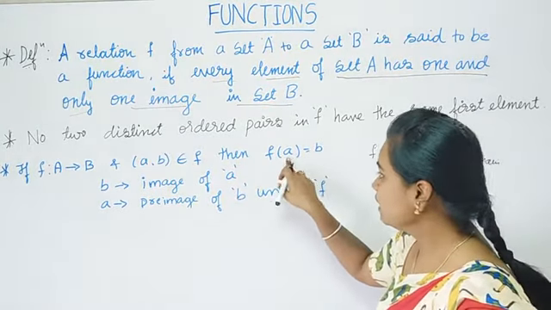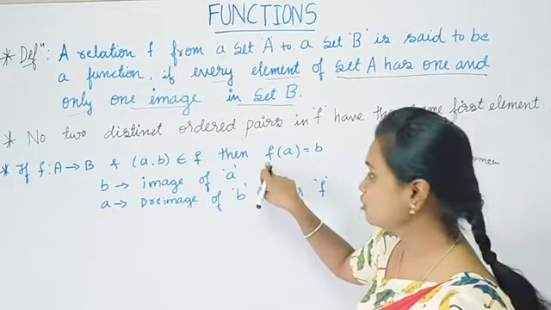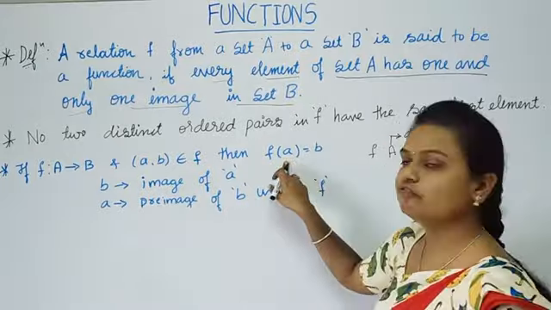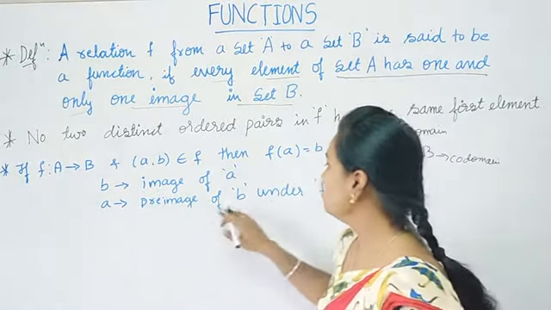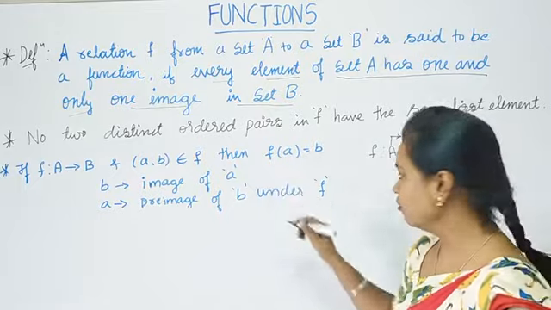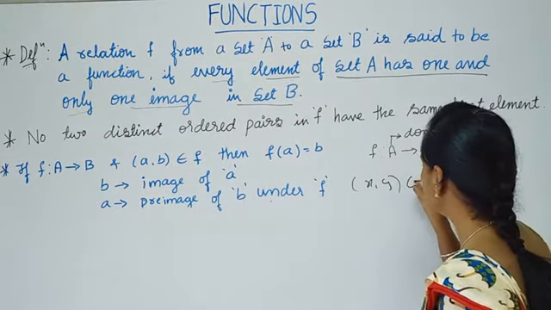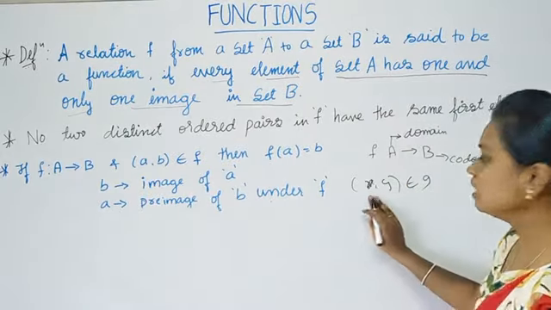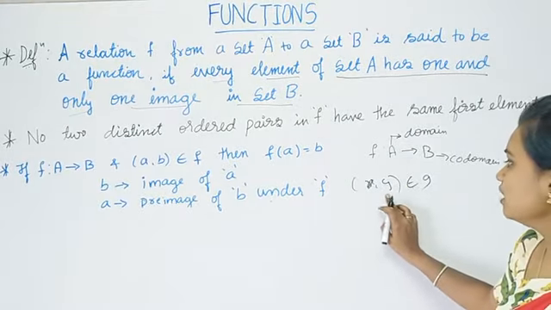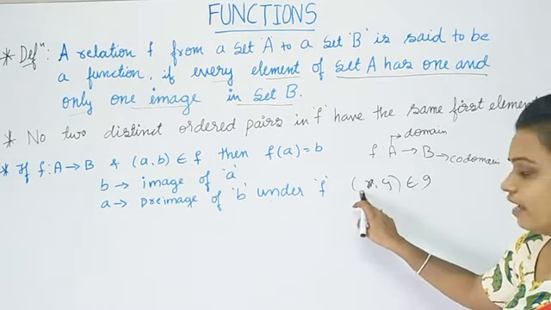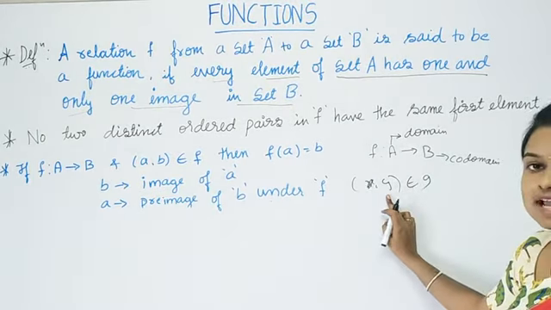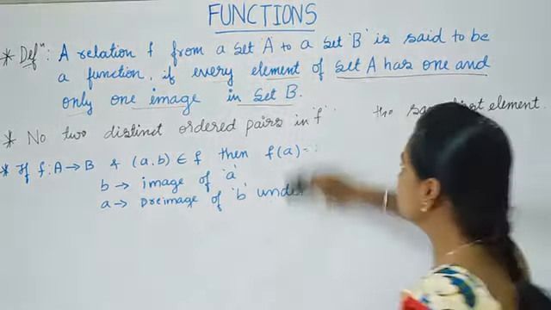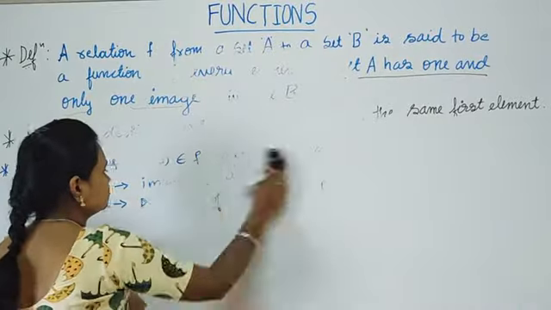Which means the image of A under the function f is equal to b, where b is known as the image of A, and A is known as the pre-image of b under the function f. For example, if x comma y belongs to some function g, then y is known as the image of x and x is known as the pre-image of y under the function g. Understand? So this is the definition of a function.